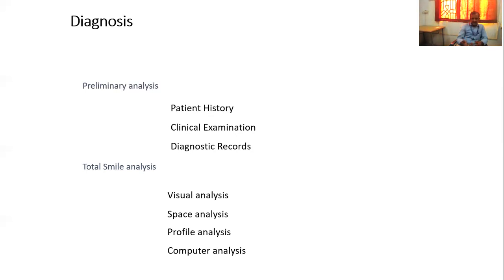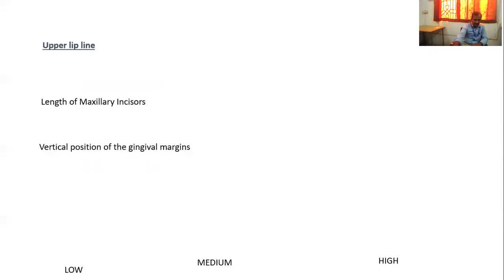Then, with the help of your cell phone, you can take a photograph. Now, look at the upper lip line, the length of the maxillary incisors, and the vertical position of the gingival margins.